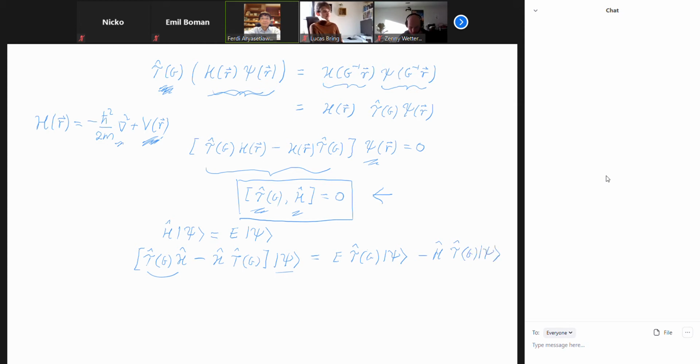But the left hand side is equal to 0 because of this commutativity. Then we see that this quantity, T G acting on psi, is also an eigenstate of the Hamiltonian. So if I write it like this, you can see that it's also an eigenstate with the same eigenvalue.